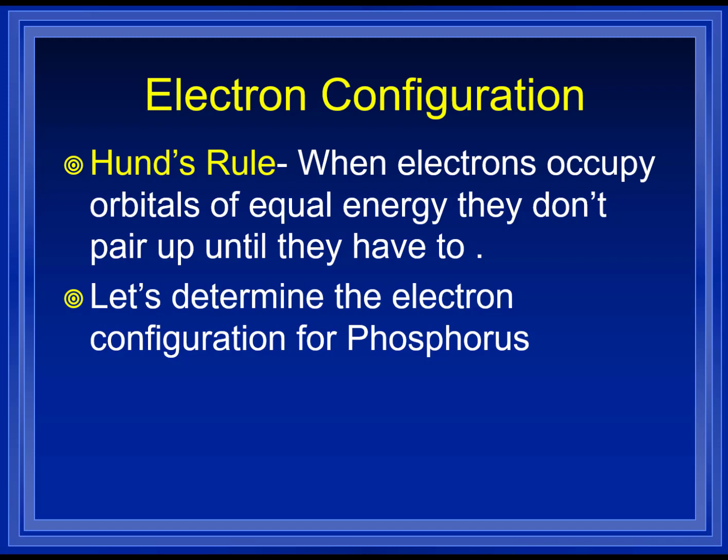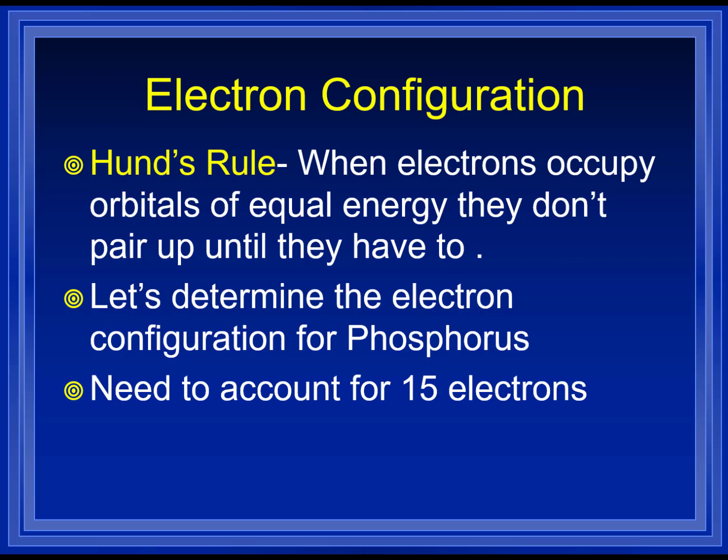So how many electrons does phosphorus have? Look up on the periodic table. It's number 15. So it's got 15 electrons. Everybody okay with where I got 15 from? Hey, that's probably why we learned it last unit, so we could do stuff like this. Okay?